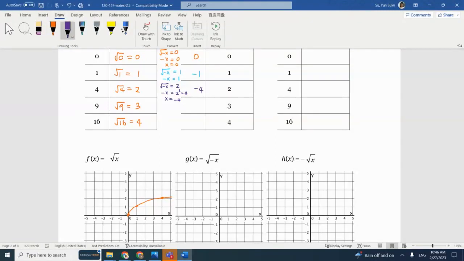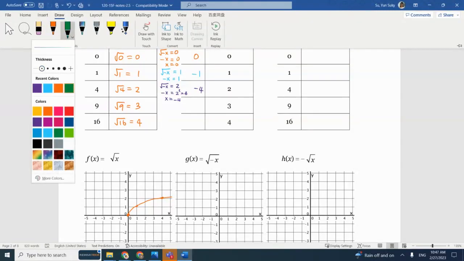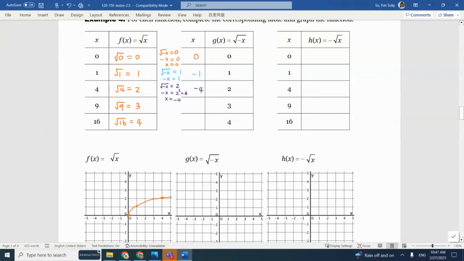Okay, how about 3? Let's see. Minus 9. Yes. Can everybody see the pattern? Because we square both sides, we get 9. And then you want to get rid of the minus sign, so you multiply both sides by minus 1. Therefore, you get minus 9.